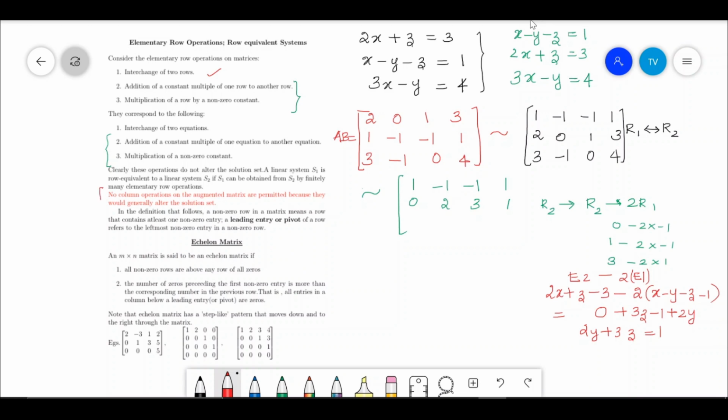Now please note an important point. No column operations on the augmented matrix are permitted because they would generally alter the solution set. So please note this, column operations are not at all allowed in case of this solution of system of equations because that will alter the solution set.